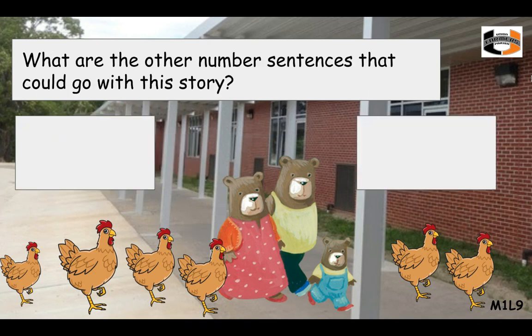What are the other number sentences that could go with the story? So we had 3 plus 6 equals 9. We could take the parts and swap them around and get 6 plus 3 equals 9. Do you remember the other ways we can make number sentences to match this story?